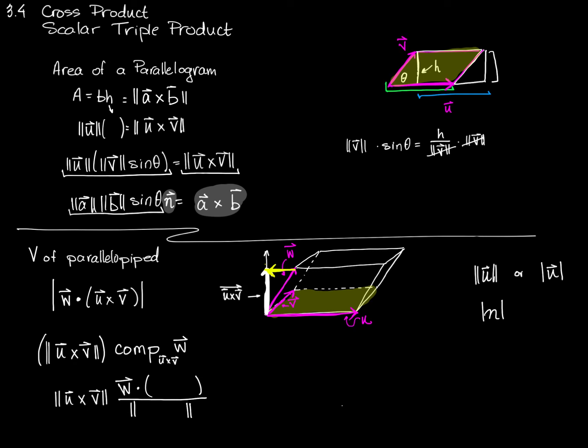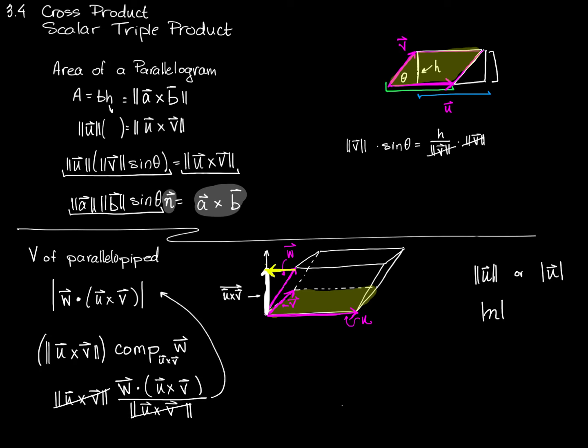Well, that other vector, remember, is the vector u cross v. So I'm going to have u cross v in here, and I'm going to have u cross v in here. Well, the magnitude of u cross v, those are scalars, those are just numbers, so they cancel, and they leave me with exactly this.